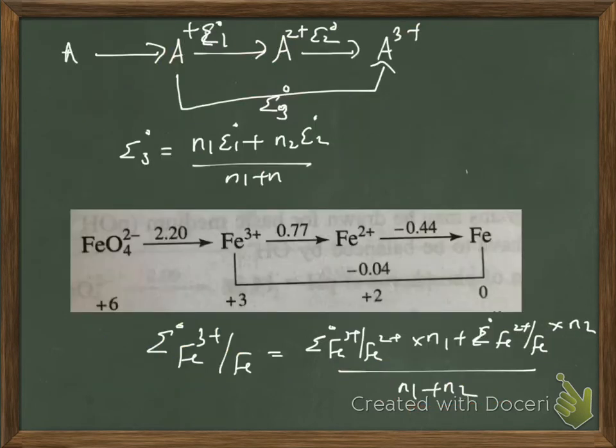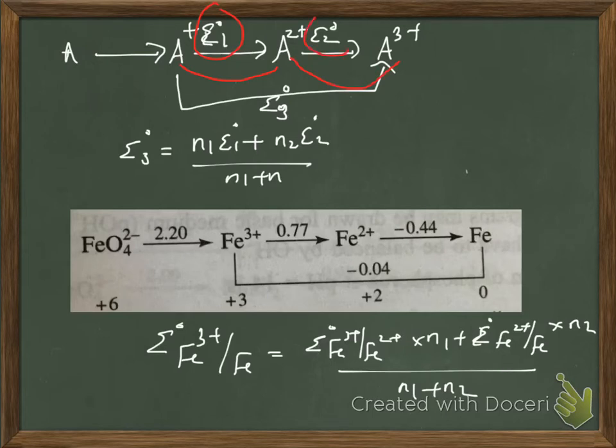For a general example, we have the element A having oxidation numbers plus 1, plus 2 and plus 3. A plus to A2 plus, potential is E01. A plus 2 to plus 3, potential is E02.